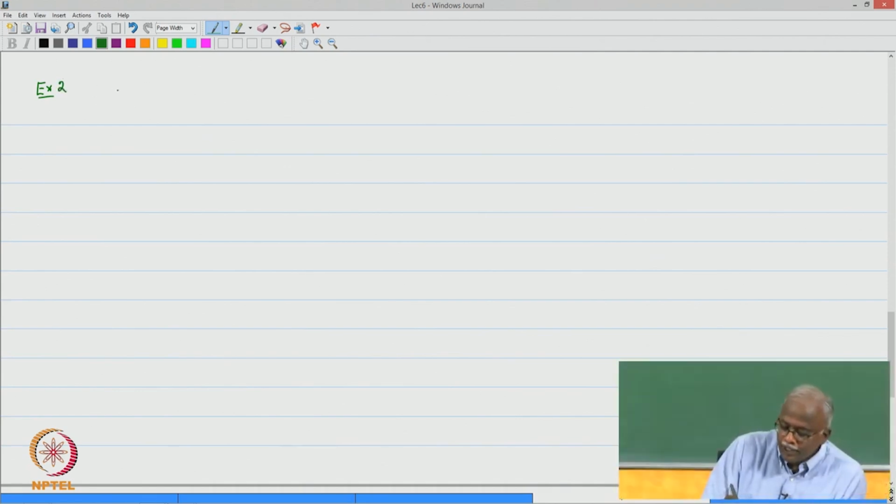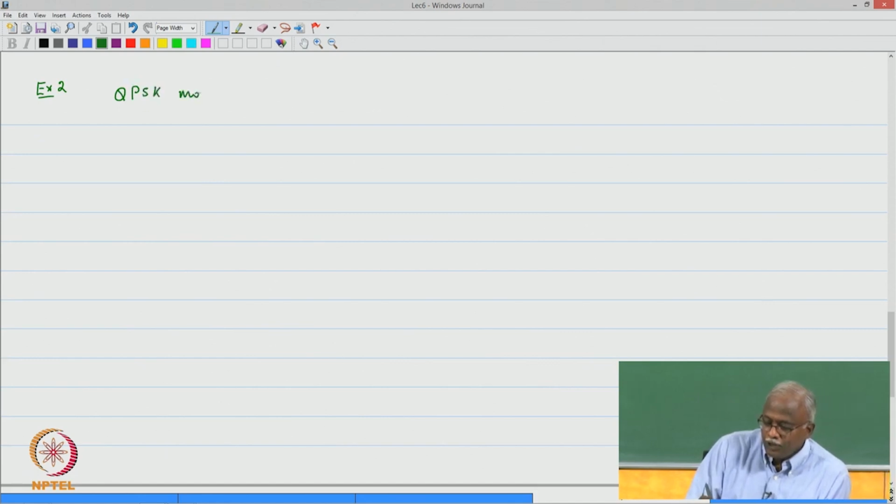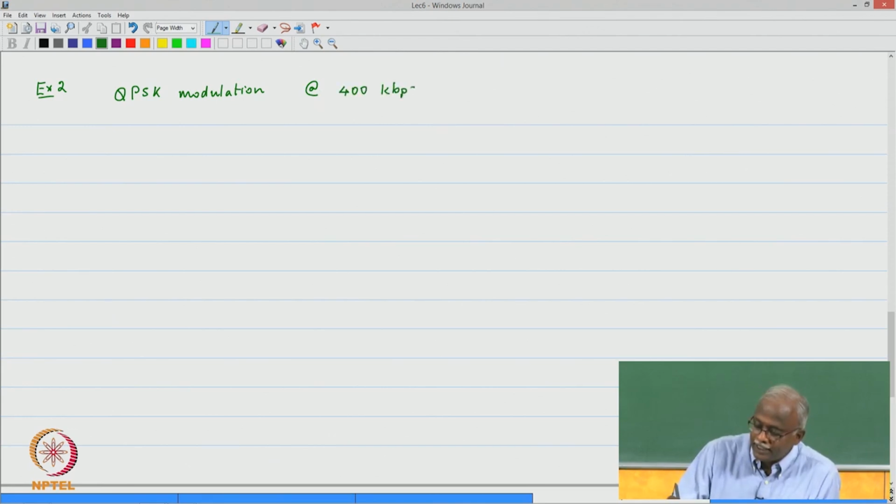We are told that we are using a QPSK modulation, where each symbol carries 2 bits of information. So, QPSK modulation at a rate of 400 kilobits per second.